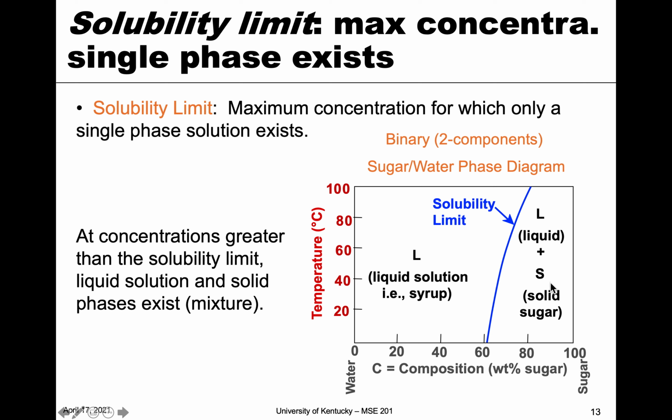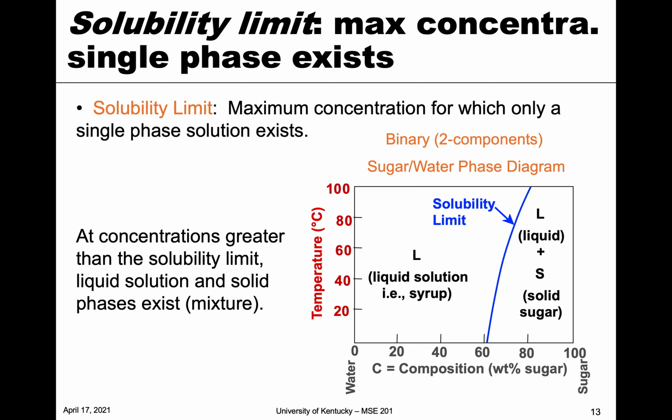If you think about this, if you try to add more and more of a component that can dissolve, like salt or sugar, into water, there reaches a point where the solution can no longer handle that, and it won't dissolve. It'll stay as solid. That's what's happening here.